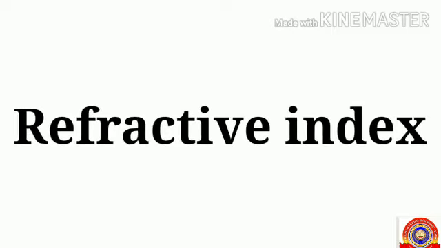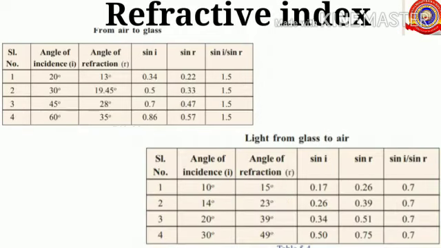Next one, refractive index. So here you can see two tables. First one, the light enters from air to glass, and the second one, light from glass to air. And you can see in the first table, when the light enters from air to glass, the angle of incidence is different.